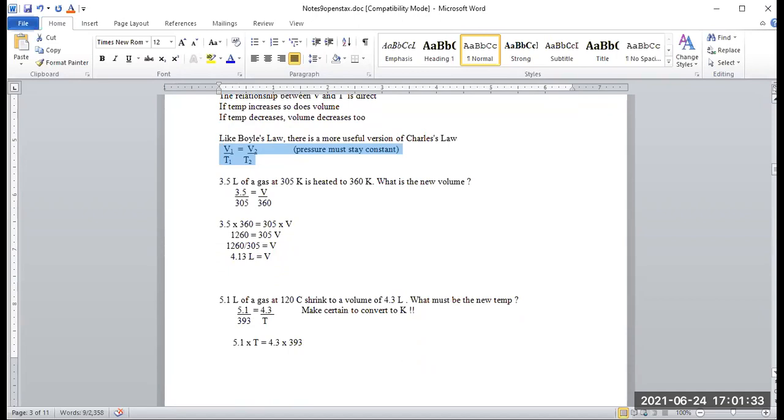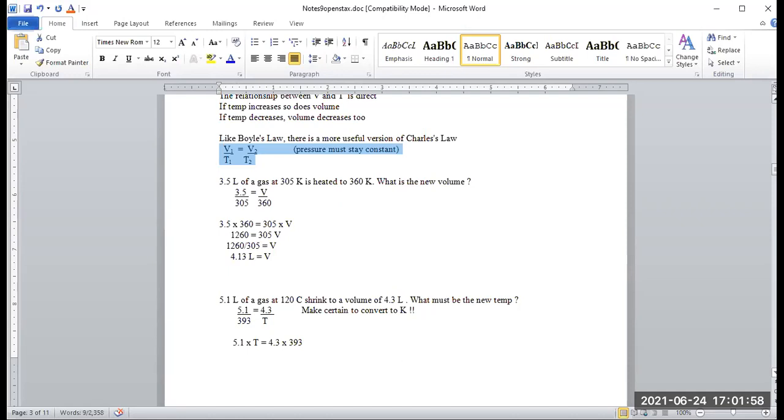Because remember, if you're only dealing with two variables at a time, this should give you a situation where you can make some ballpark predictions. My temperature went up. My volume should go up.